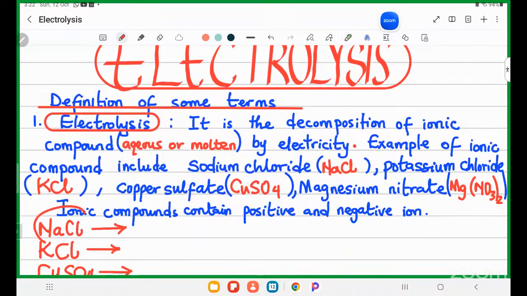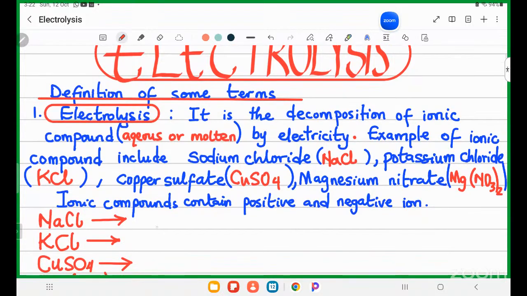For instance, sodium chloride, when you pass electricity into it, is going to give us sodium ion and chloride ion.